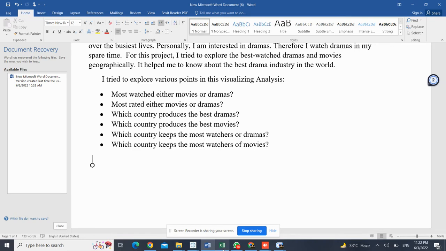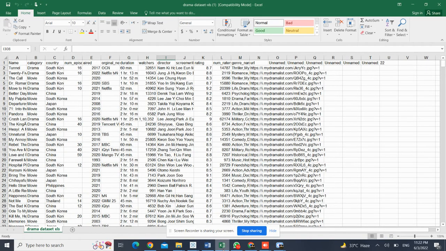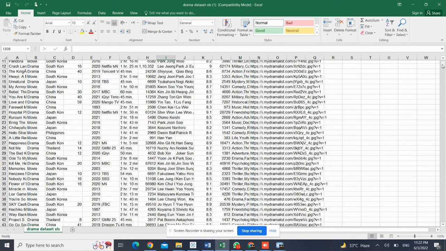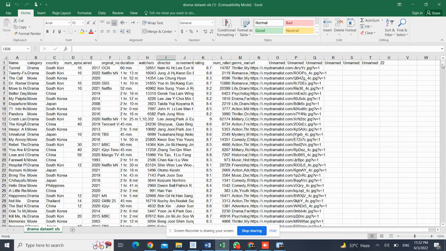Let's move towards the data. I collected this data from the Kaggle website, where it was a huge dataset. I tried to clean it using OpenRefine and Excel.